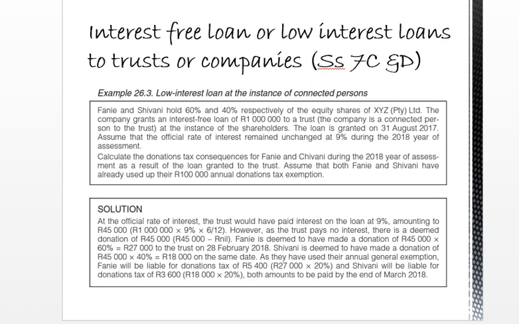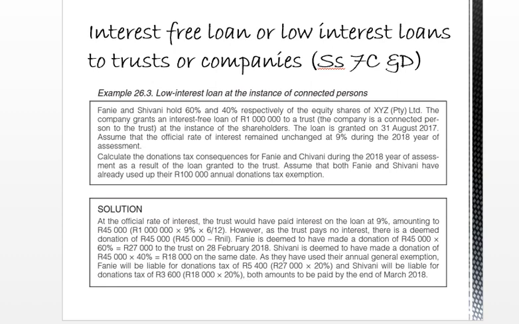So we've got two individuals who hold shares in the company. The company XYZ granted an interest-free loan of 1 million rand to a trust, of which company XYZ is a connected person at the instance of the shareholders.